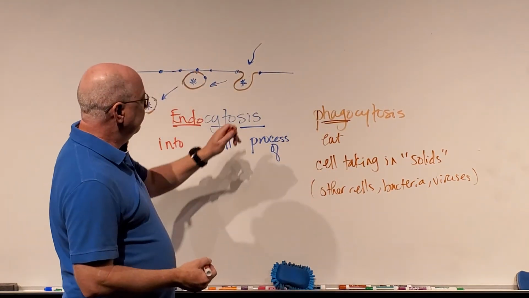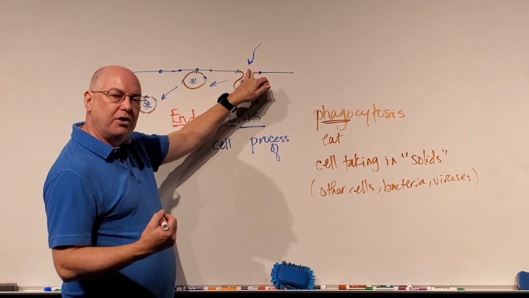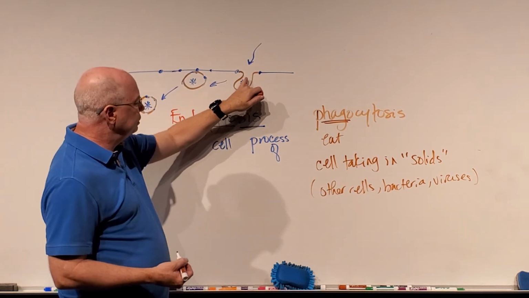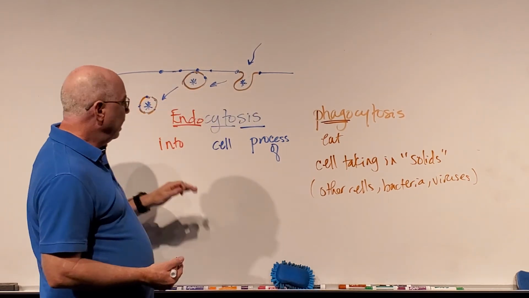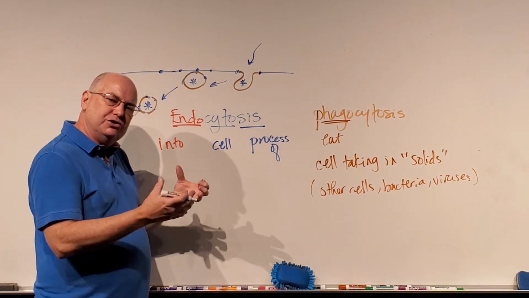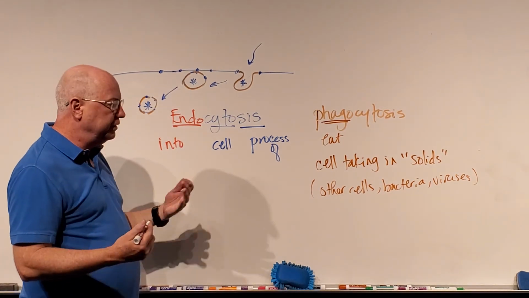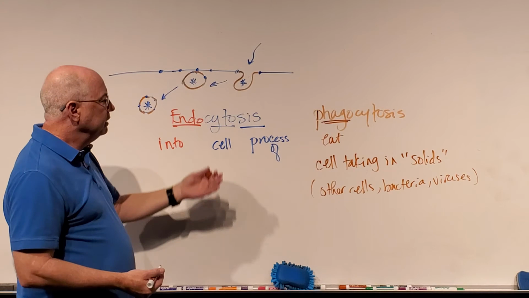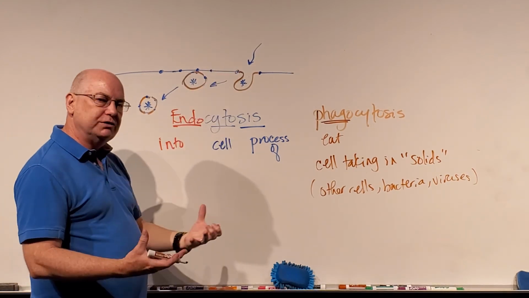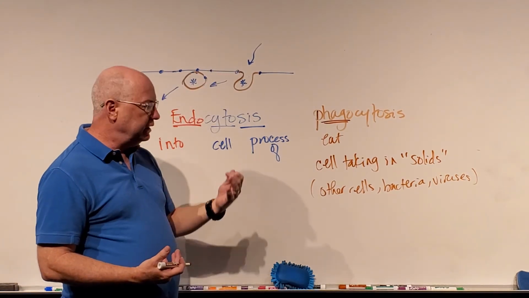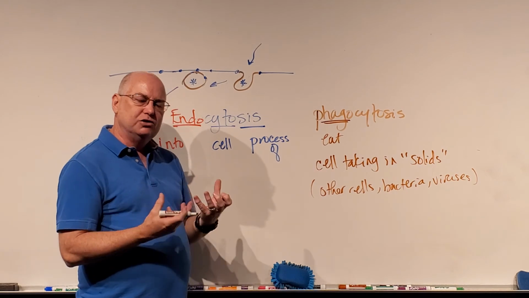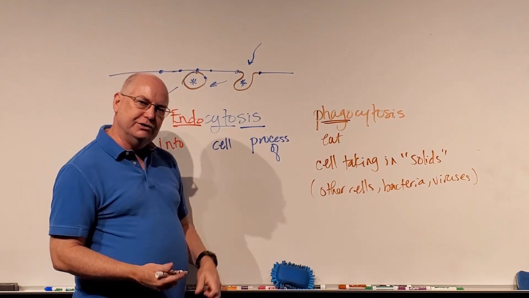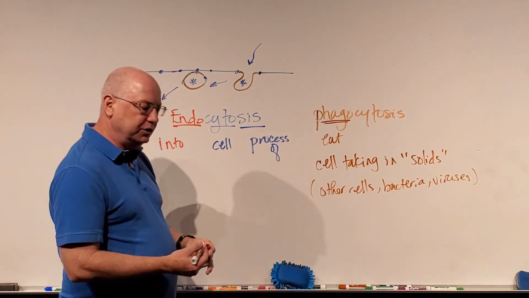So if a virus bumps into our cell, some of our immune cells can take the virus in and then fuse this vesicle with the lysosome and then destroy the virus or the bacterium or whatever thing gets inside your cell. Since we're taking in some kind of solid stuff, some kind of extracellular substance that has a solidity to it, we call that phagocytosis.